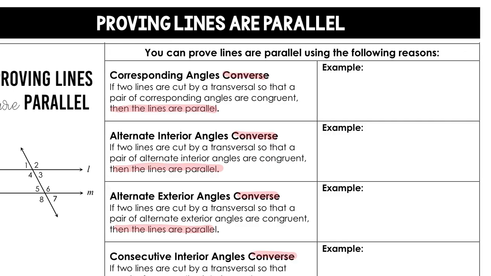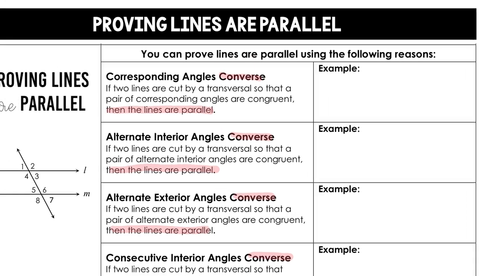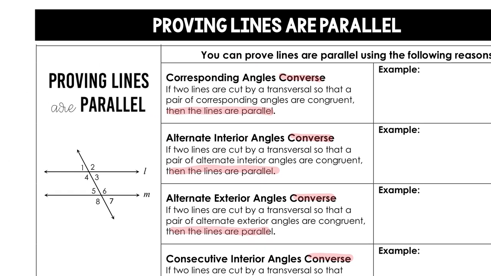All right, so looking at our first one, we've got the corresponding angle converse. It says if two lines are cut by a transversal so that a pair of corresponding angles are congruent, then the lines are parallel. So that would mean corresponding angles.